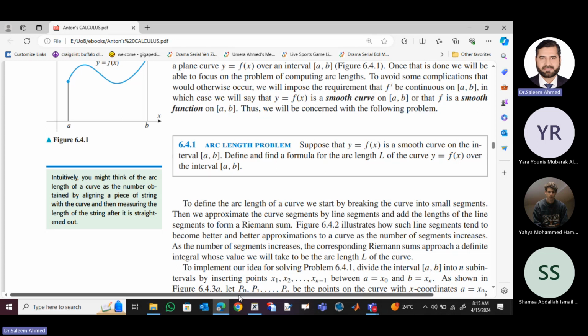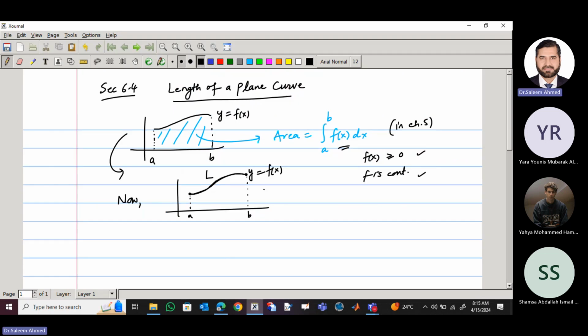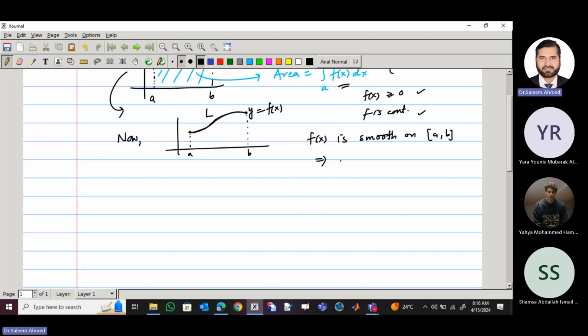Here my condition is smooth. It means my function and its derivative should both be continuous. So f(x) is smooth on the interval AB, which means that f and f prime are both continuous.